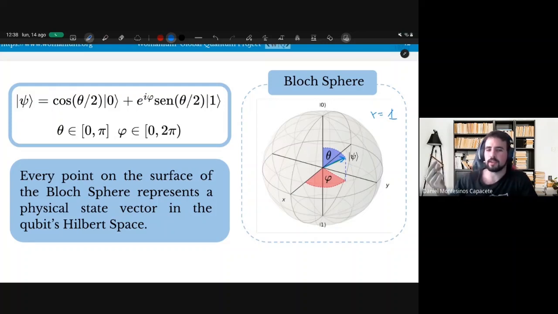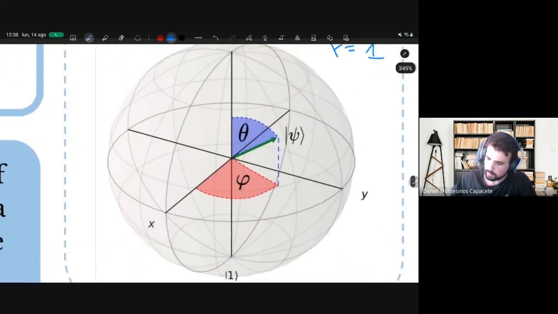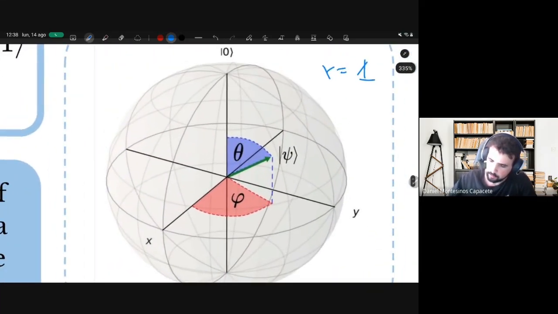And in order to move on that surface, you use these angles, the theta angle and the phi angle, which we have already seen. I don't know if you can see it properly, but you see this axis here, right?